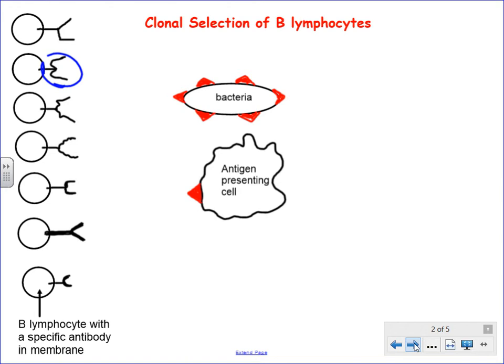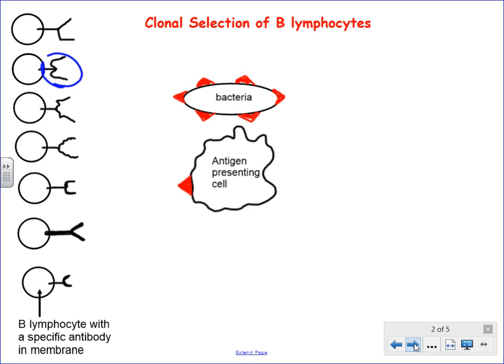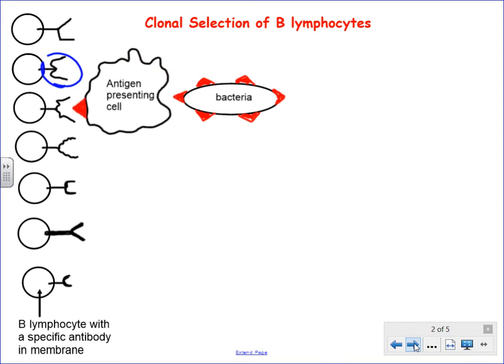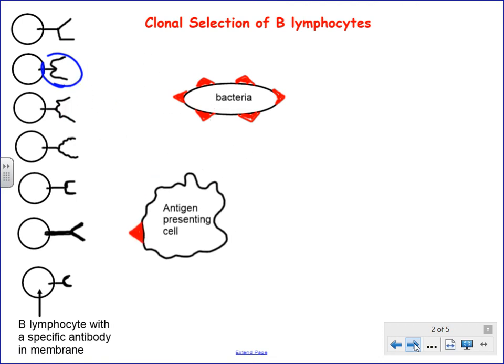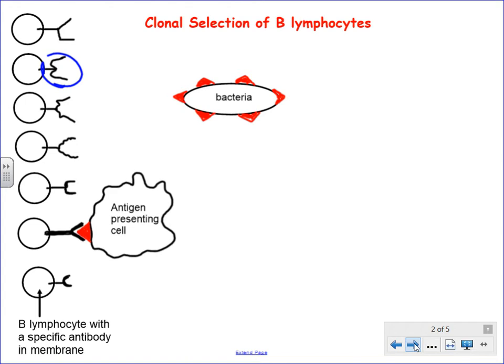If you remember the key word there, it's complementary fit. So in this case, this antigen presenting cell does not complementary fit with the antibody in this B cell lymphocyte, but it does with this one. Now each B cell, each B lymphocyte is a clone. This is a different clone from this one.